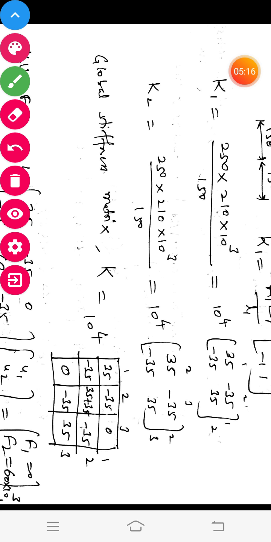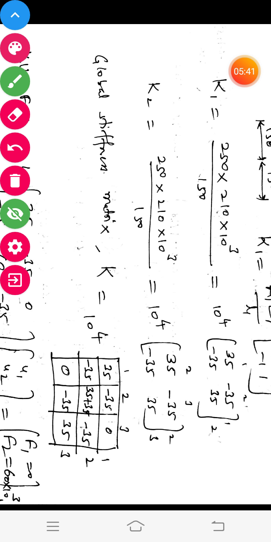From this we can easily assemble these two matrices. That is what you have to do in this shortcut method. If the numbering is continuous like 1 2 3, as here in this case, how do we assemble both the matrices?